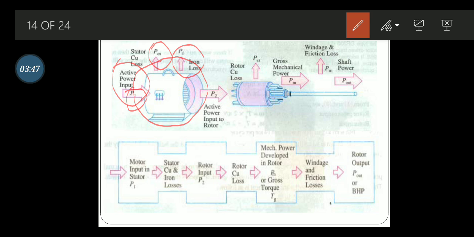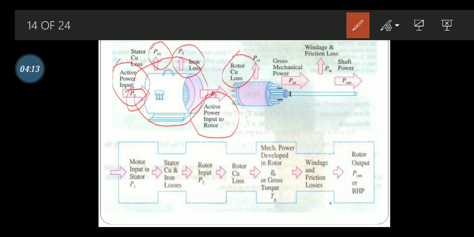So obviously you will get the output, that stator output, which is the rotor input, so that is represented as the active power input to the rotor, that is P2. So obviously due to the power input to the rotor, there will be a rotor copper loss occurred.